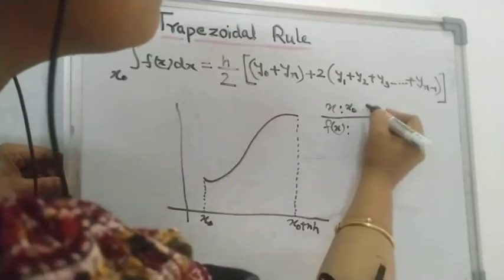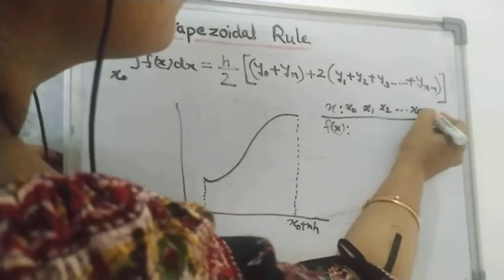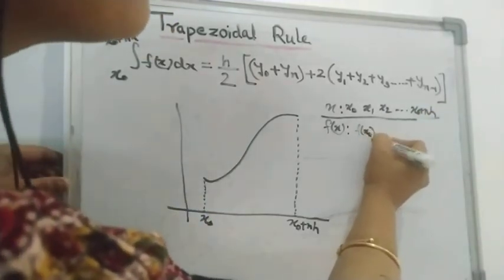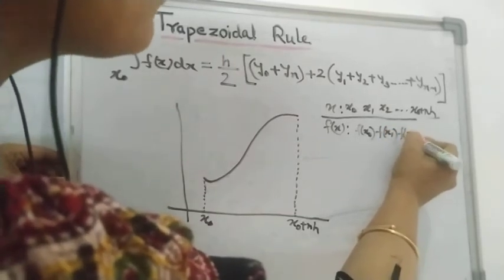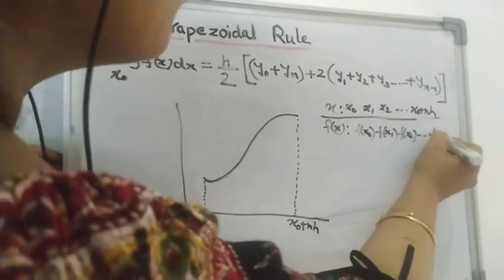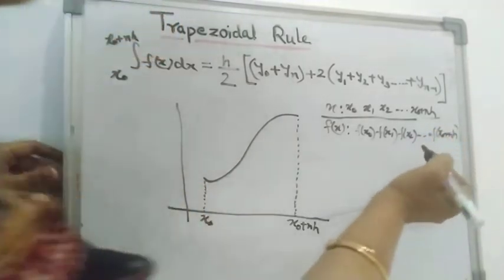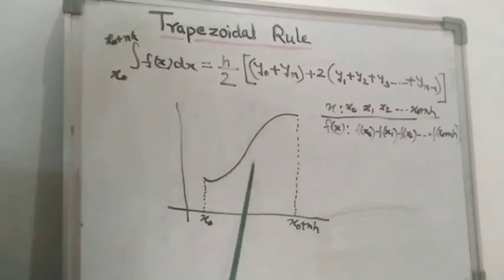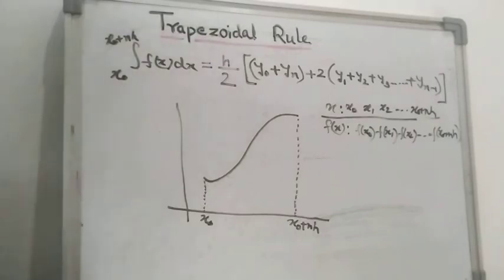Suppose x0, x1, x2 up to x0 plus nh, and f of x0, f of x1, f of x2 up to f of x0 plus nh. So if this table is given, without knowing the form of the function, we can find this area with the help of this formula, which is called the trapezoidal rule.